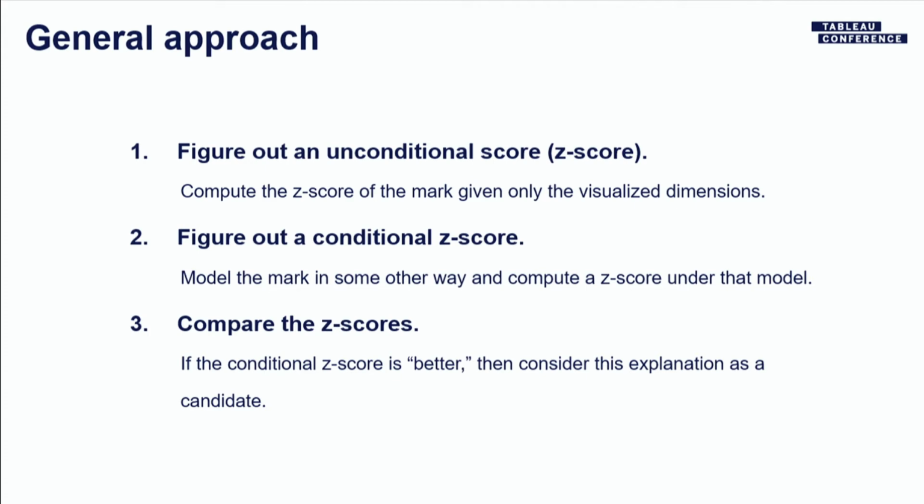And then we're going to compare the scores, and we're going to say, does knowing more information about this mark let us have a less surprising view of this mark? And so if the conditional score is better, then we'll consider this explanation as a candidate. And I just want to say up front that how we compare different scores is outside of the scope of this talk, so I'm not going to talk about that today.